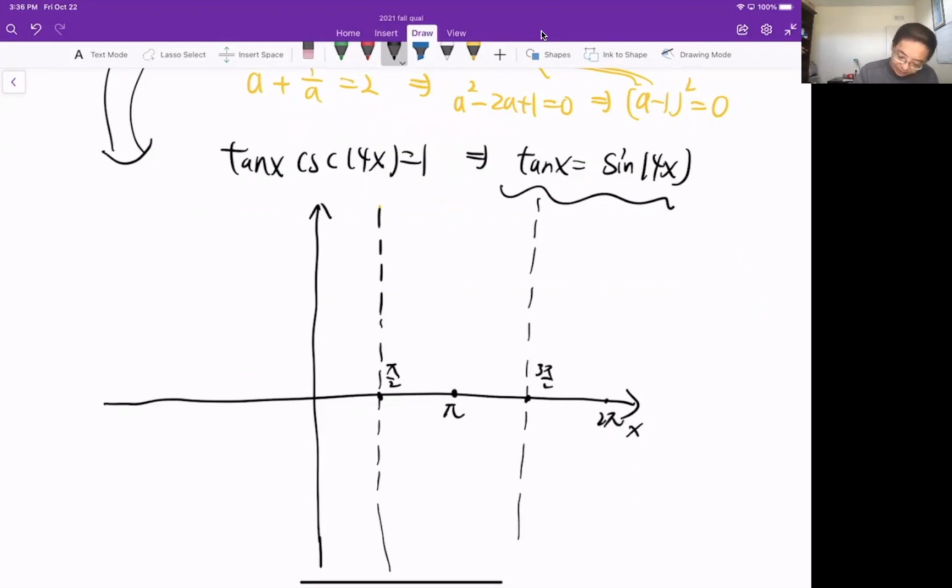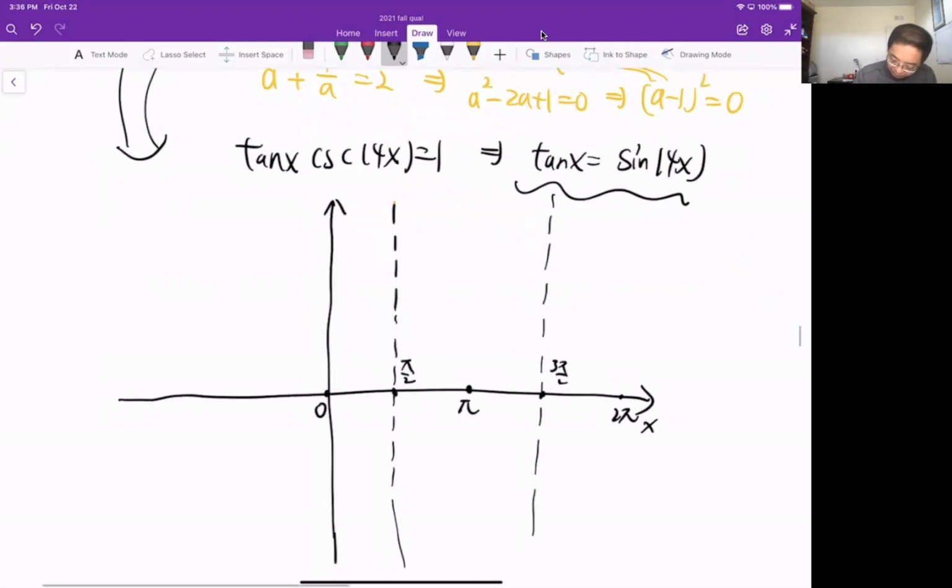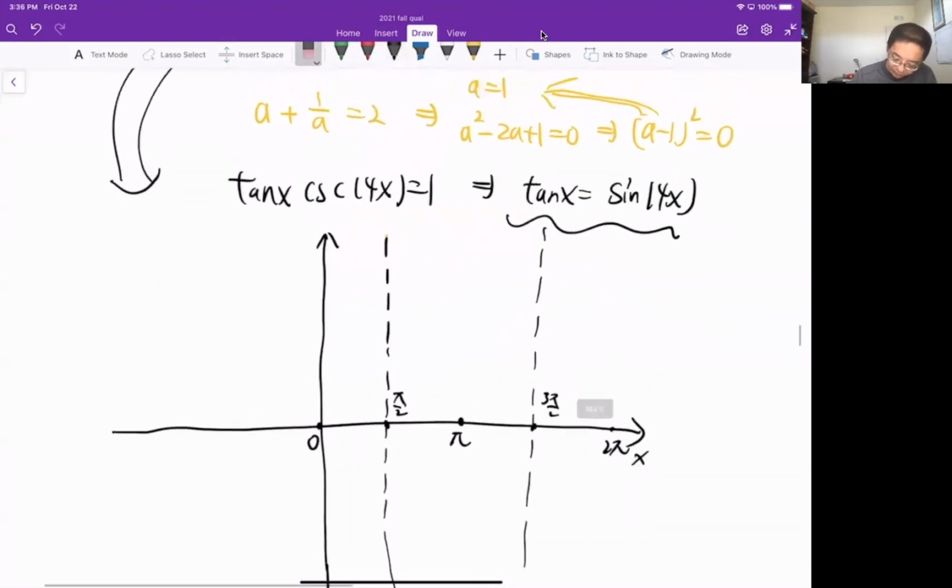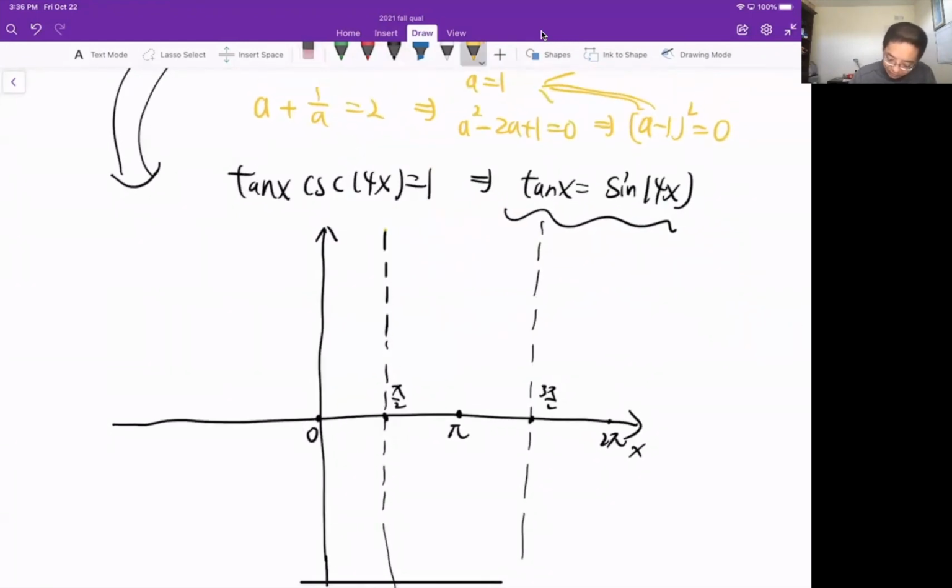Because we are looking at everything from 0 to 2 pi, let's draw the tangent x graph. Here we have three branches of the graph of tangent x.